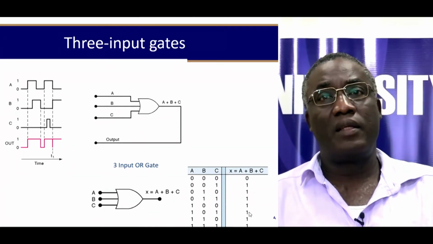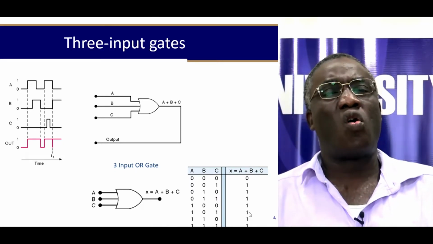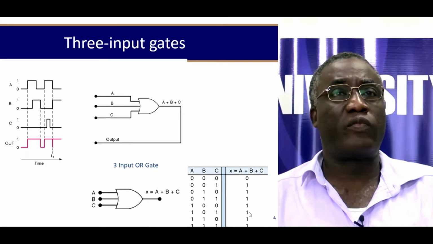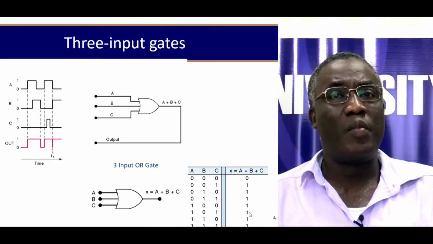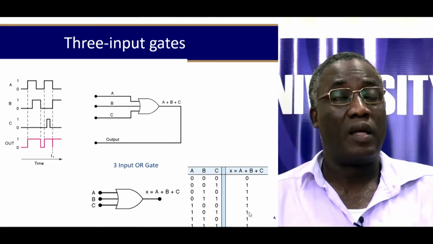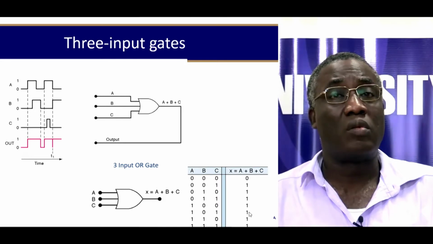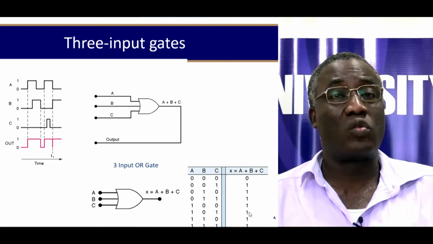Something that you must learn is when you have a 3-input, 4-input, you must know all the possible combinations that you can have. You must be able to write them out for at least up to 4 inputs. 5 will be too much, but you can ask yourselves how many possible combinations there are if you have a 5-input gate. And if it's a 6-input, how many possible combinations are there? If it's a 7-input, how many possible combinations, and so on.